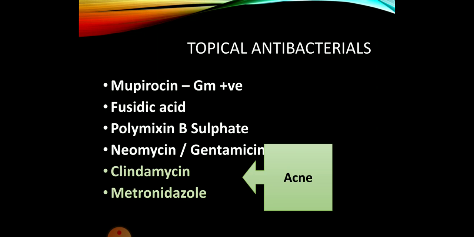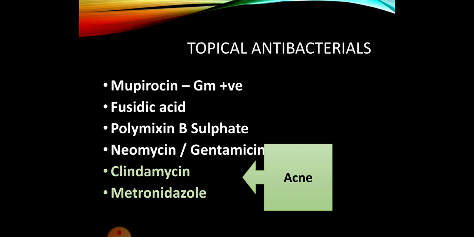Initially we start treatment in case of impetigo and folliculitis with topical preparations. These are all topical antibiotics. Mupirocin is the one where replacement of an isoleucine residue gives almost equivalent efficacy as oral amoxicillin and erythromycin.